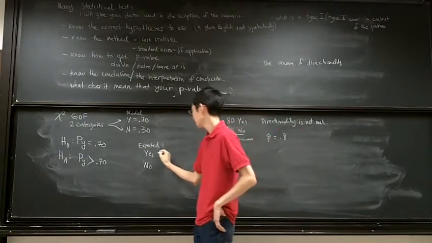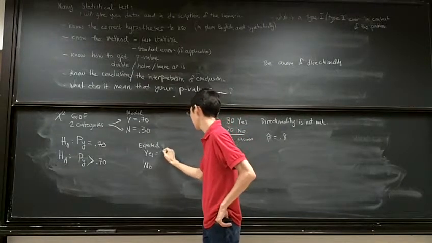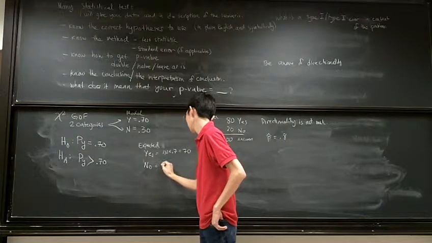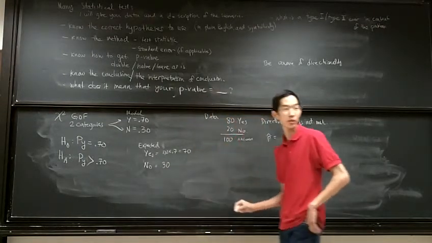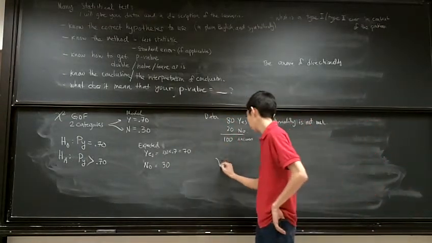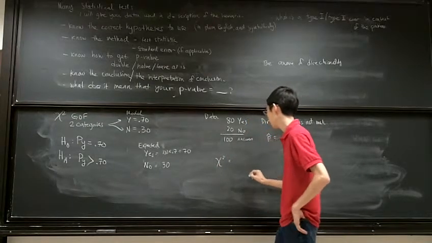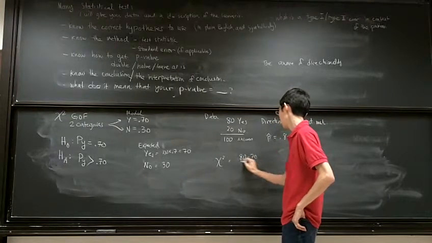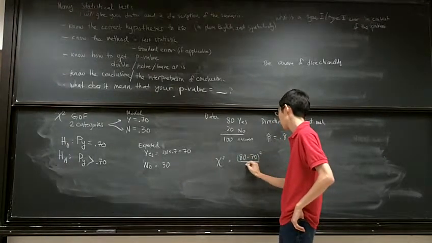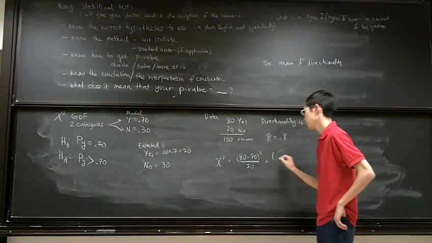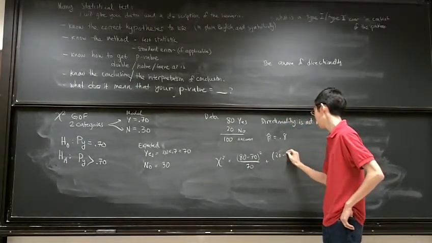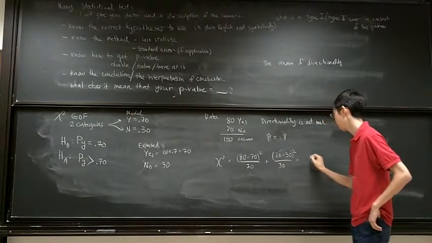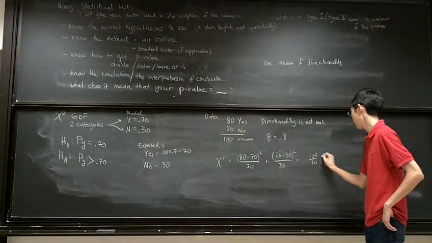Under our model, I would expect 100 times 0.7, so 70 yeses and 30 nos. Then my chi-squared statistic would be observed minus expected, squared, over expected, for each category.